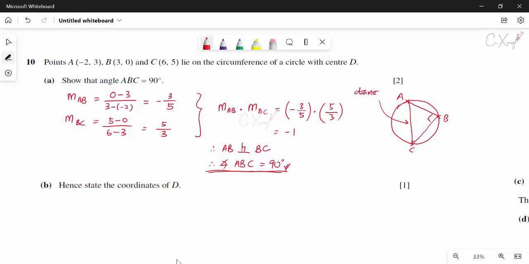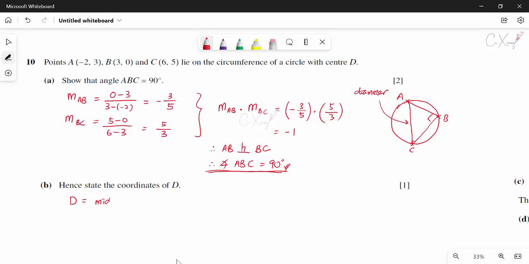When you have a triangle in a circle where the angle on the circumference is 90 degrees, the other side, the hypotenuse, will be the diameter of the circle. So we already know that AC is the diameter. Therefore, the center D is the midpoint of AC.